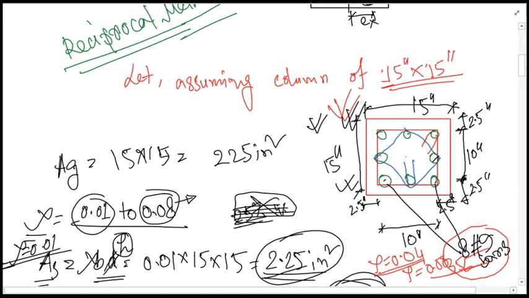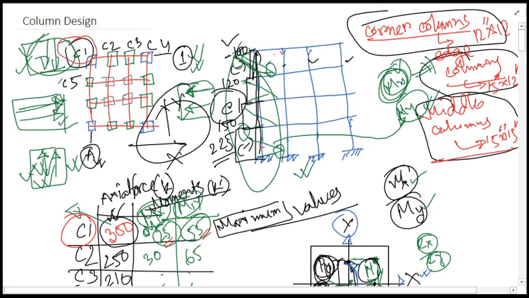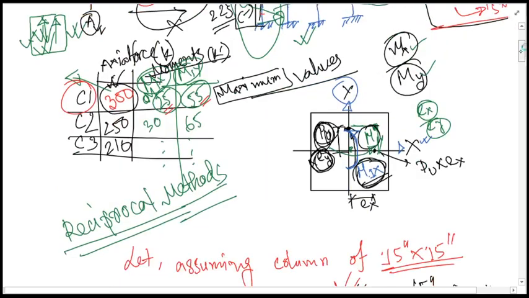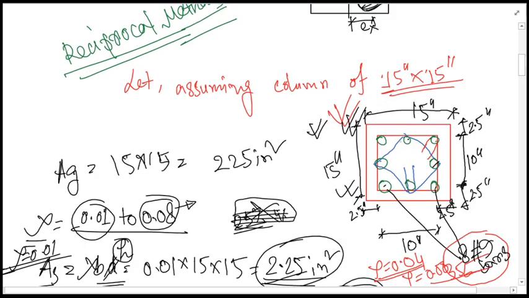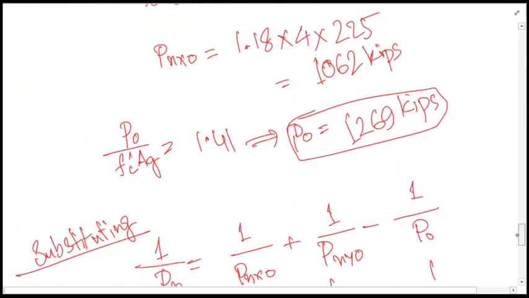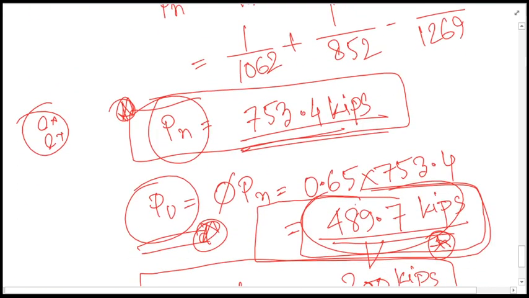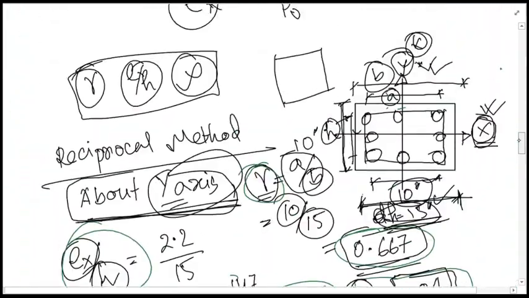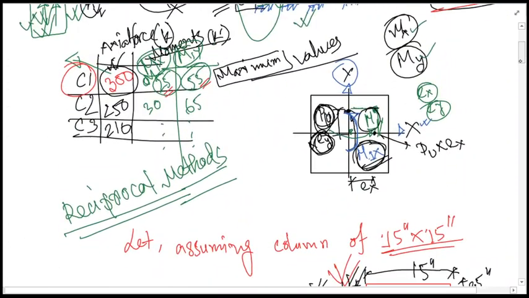So for edge columns and corner columns, as we have seen, all corner columns C1, C4, this one and this one, you will be checking in a similar way whether this final capacity value, according to your provided reinforcement, is greater than the values for C1, C4, all corner columns.